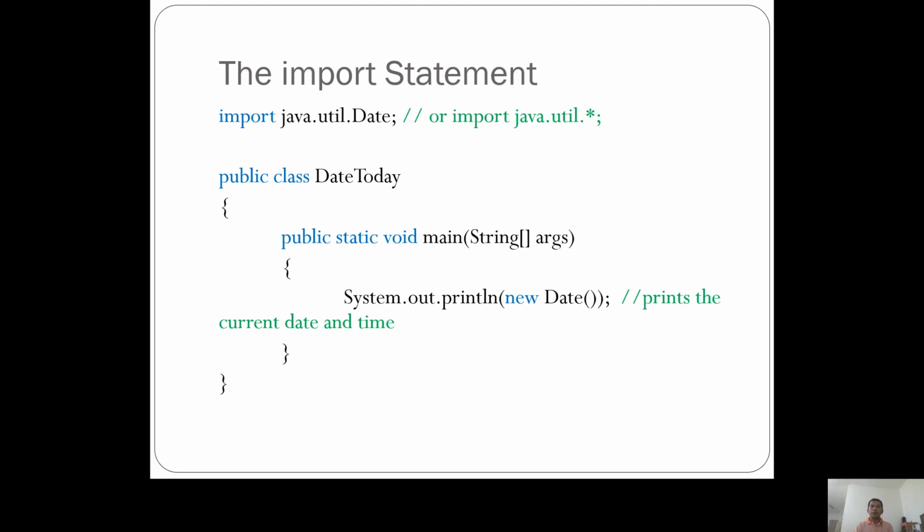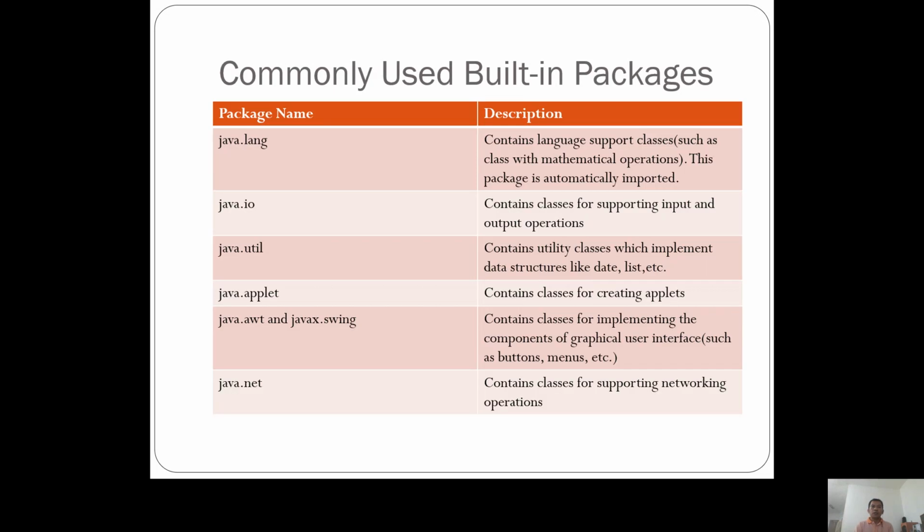Example, import java.util.*; When importing packages, all import statements must appear before the class declaration. The table shows the commonly used built-in packages, which we can use as we create a program in Java.